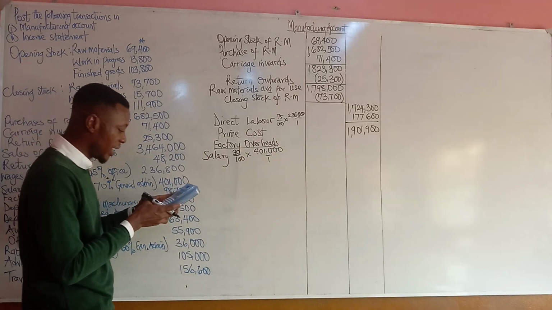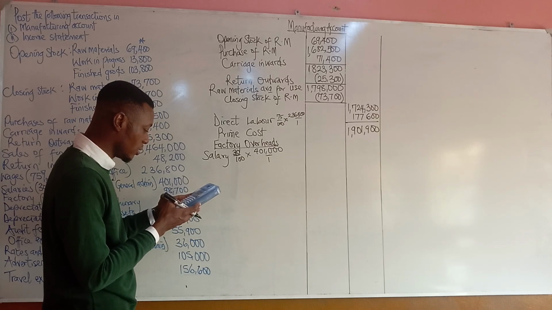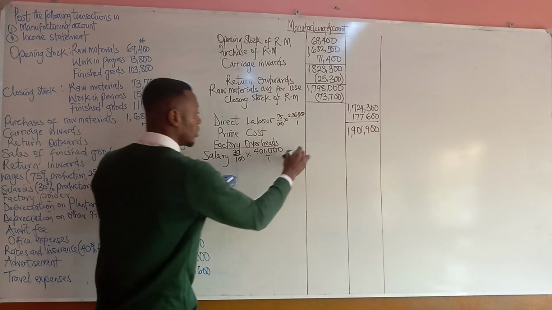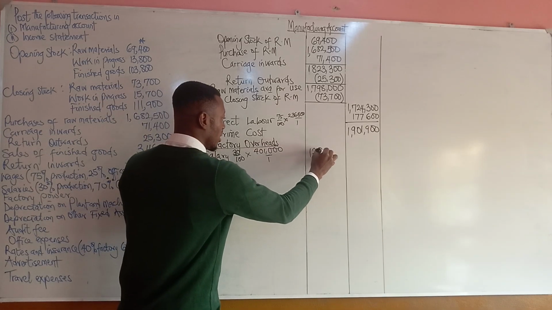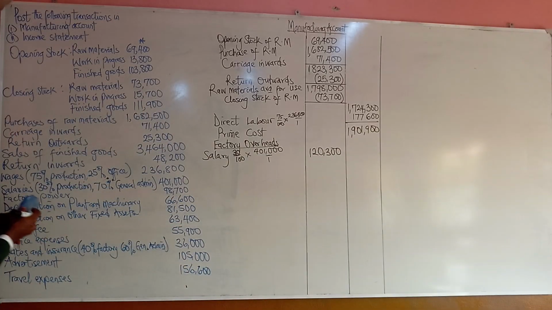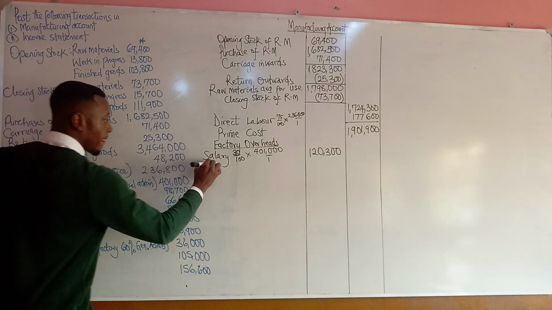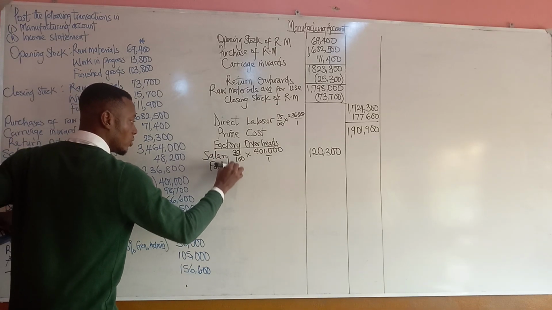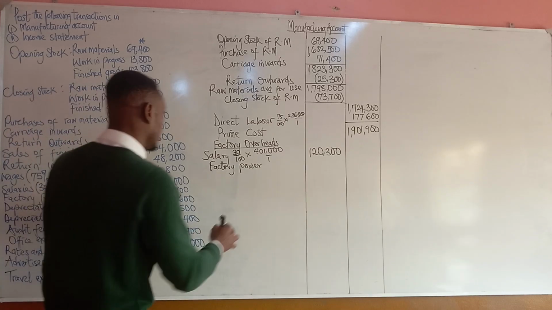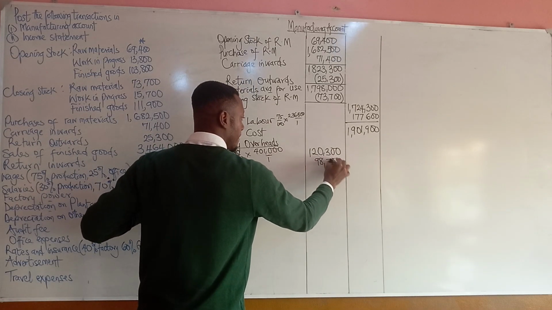So I have 30 multiplied by 401 divided by 100, which will give me 120,300. Okay, now the next one is factory power. Factory power is 98,700.